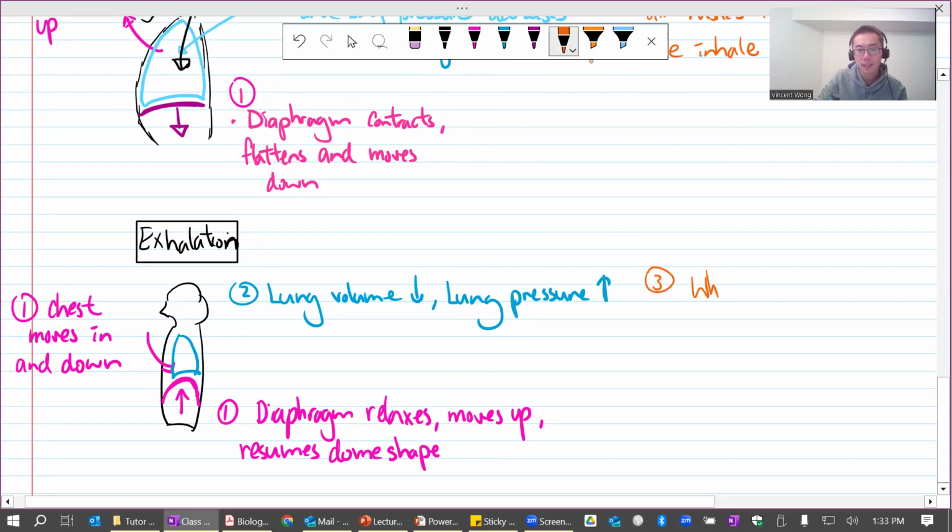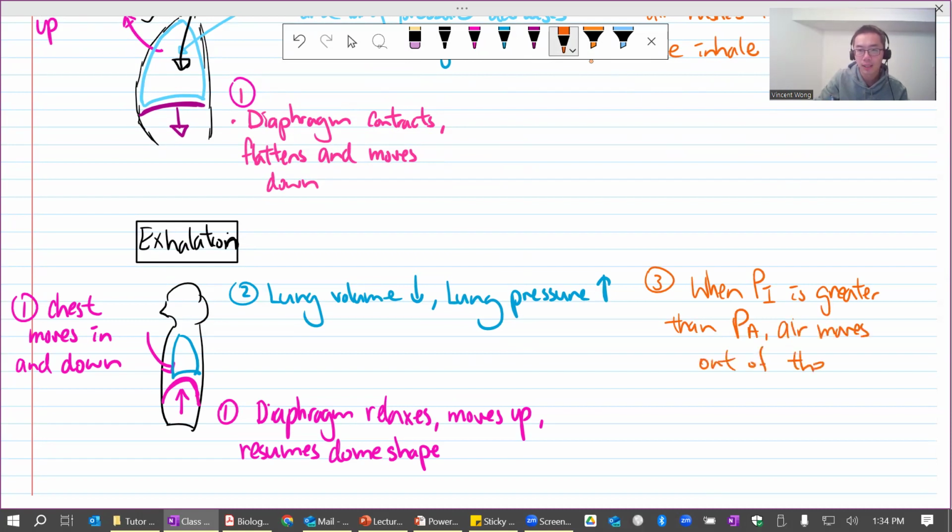Finally, when PI is greater than PA, air moves out of the lungs. We exhale.